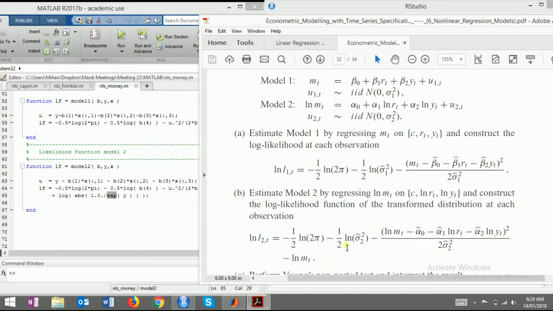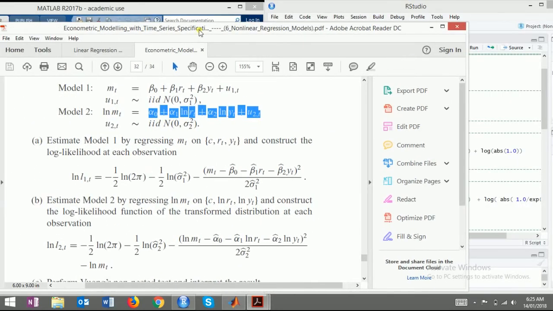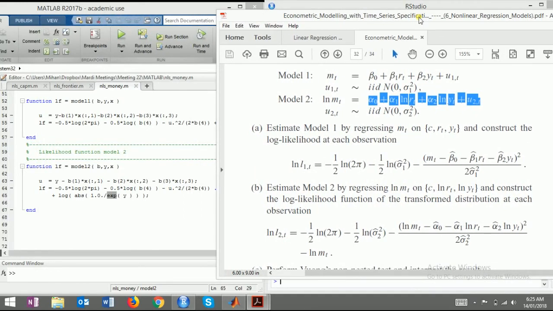plus log of absolute value of 1 divided by exponential of y, because log of MT is this, right? So we are just doing exponential of y, 1 divided by exponential of y, or is it regressed upon? No, absolute value of 1 divided by exponential of y. So after this it is very easy.